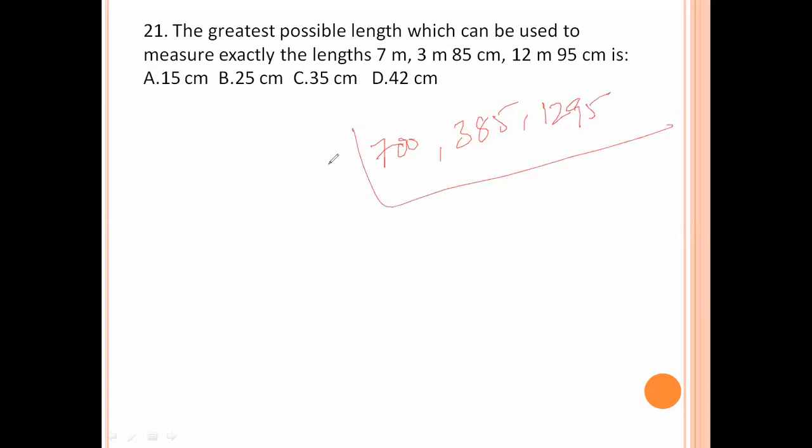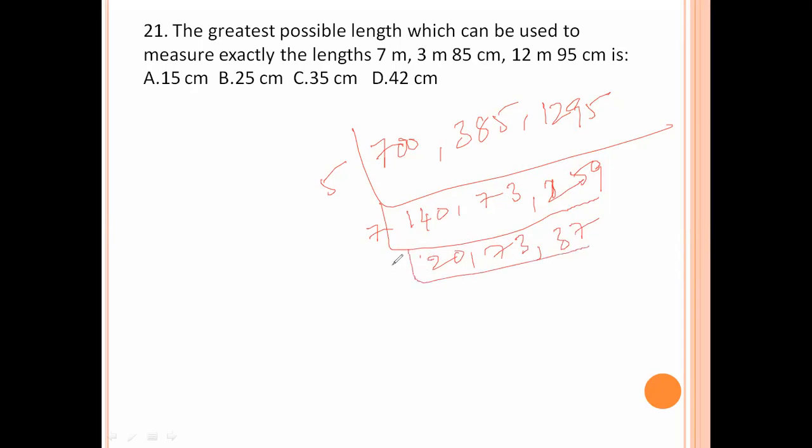To find the LCM, divide by 5, then 5, then 7.